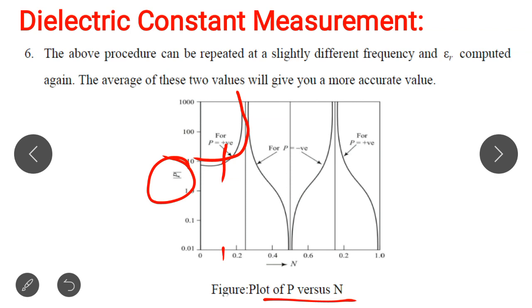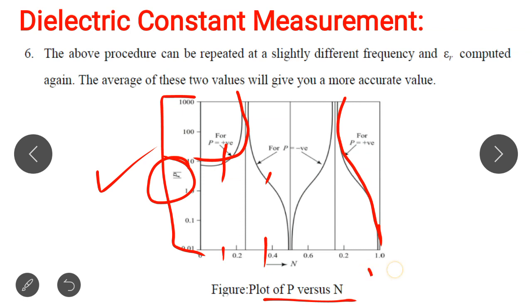Likewise, this is a value of P when it is again positive. From this axis the value of P is given, and if we take any particular point of P, the corresponding N can be determined from this plot.